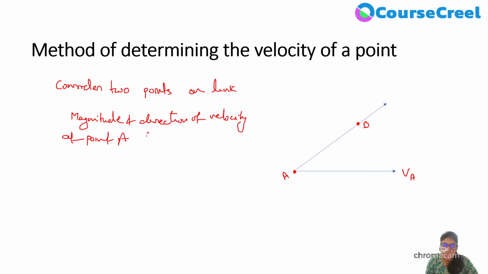So velocity at point A is VA, and suppose we have both magnitude and direction of the velocity at point A, and now let's see VB.